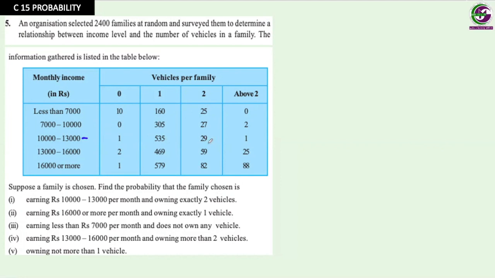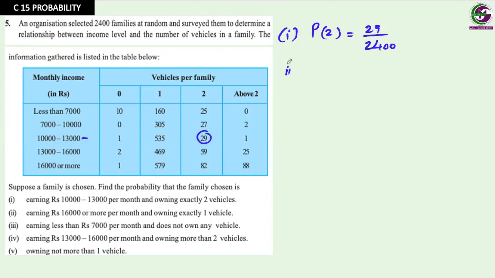So here we have to move to the column with 2 vehicles, which is 29. So probability of having 2 vehicles in third group is 29 out of 2,400, and we can't simplify because 29 is a prime number.